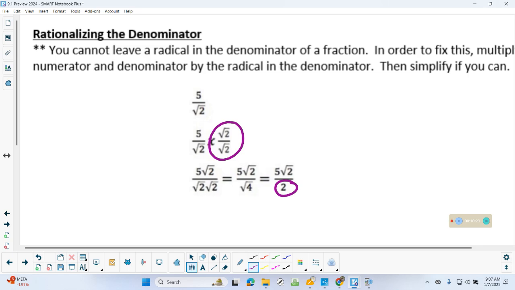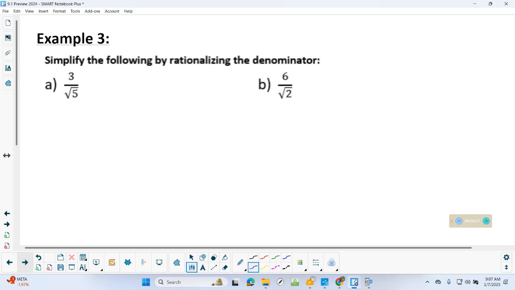So we're going to practice again, review how to rationalize the denominator. Again, you can't have a square root of 5 on here, so I'm going to put another one on. Whatever you put on the bottom, you got to balance and put on the top. All right, easy peasy. Now, you cannot multiply the 3 and the 5 on the top together because one's in a radical, one is not.